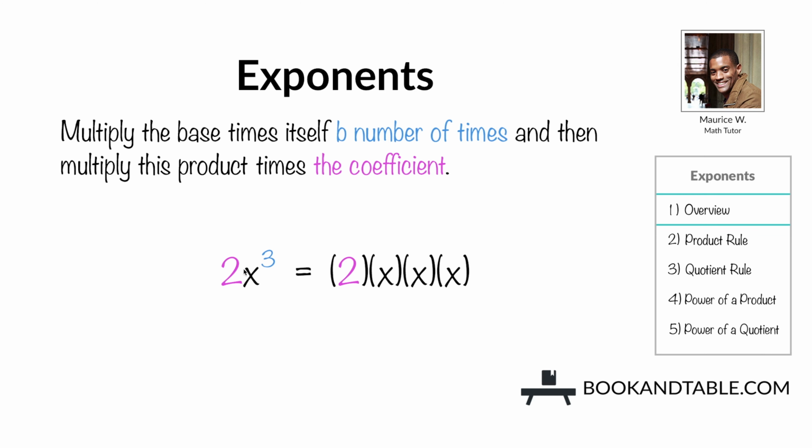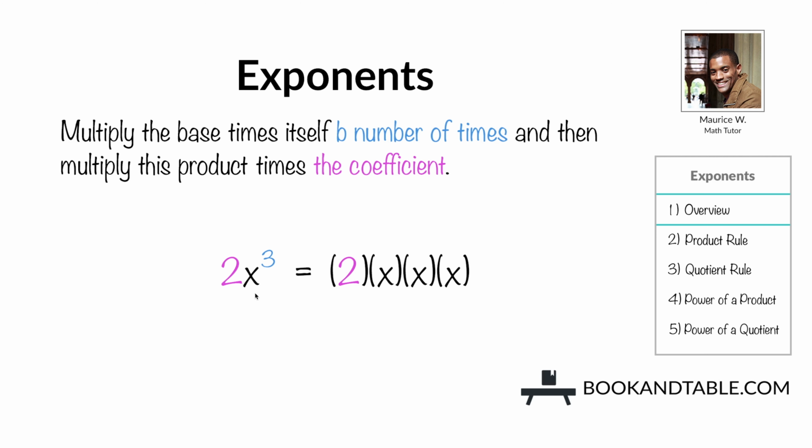Let's say our base was the variable x, our coefficient is the number 2, and our exponent is 3. That means you're going to multiply the base x times itself 3 times, x times x times x, and then you multiply that times 2. So 2x cubed expanded is equal to 2 times x times x times x.